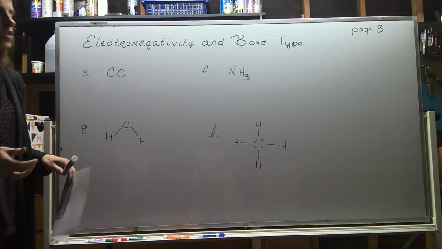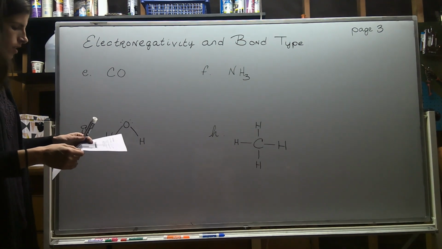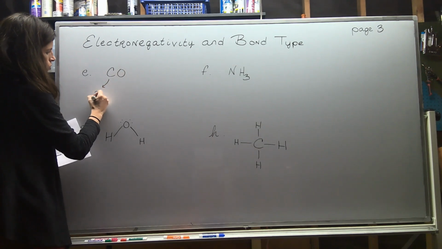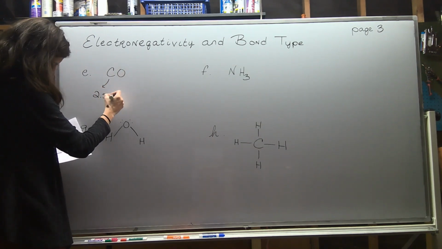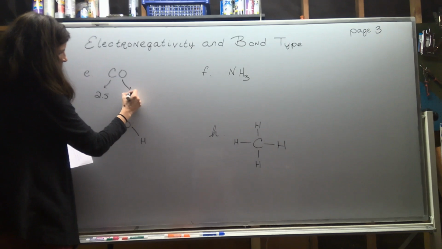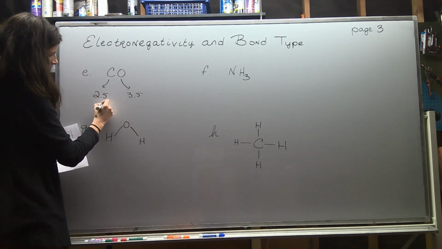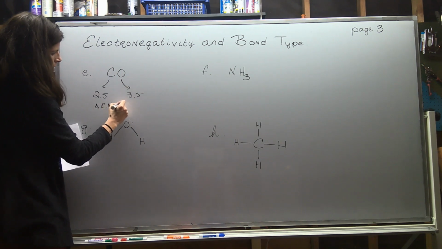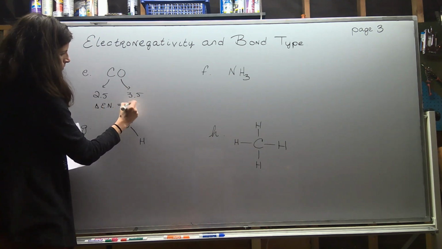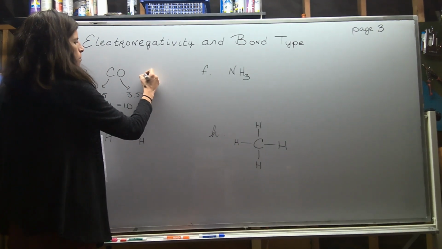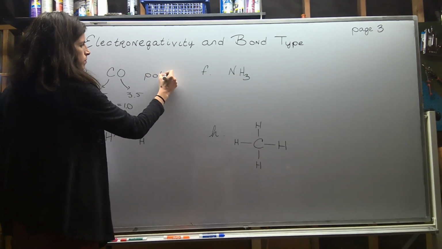All right, so continuing with the problems, we look up carbon, and it comes in at 2.5, and oxygen is 3.5. So the difference in their electronegativity values is 1.0, and that makes carbon monoxide a polar covalent molecule.